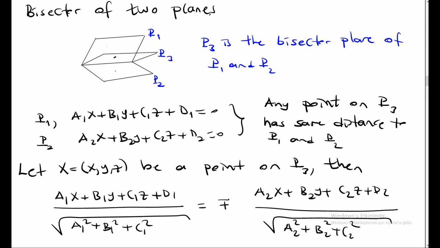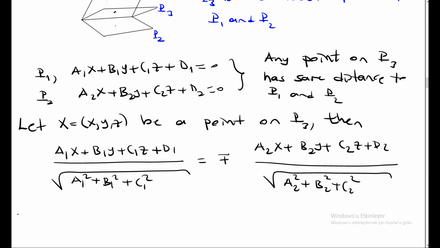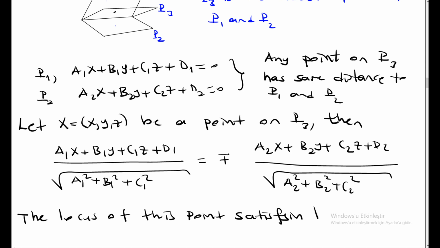Because this point is arbitrary, the locus of points satisfying the above equation gives the bisector plane.